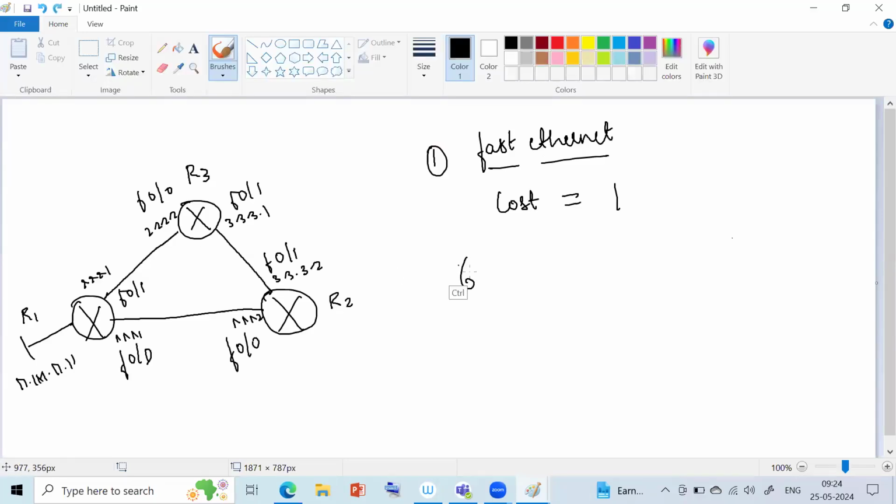Cost is equal to, the formula to calculate the cost is 10 power 8 divided by bandwidth.